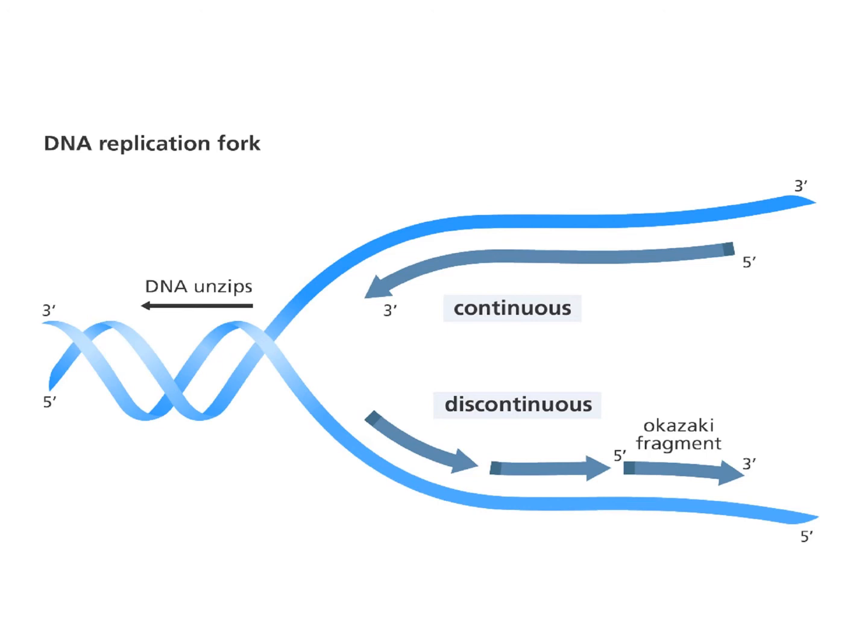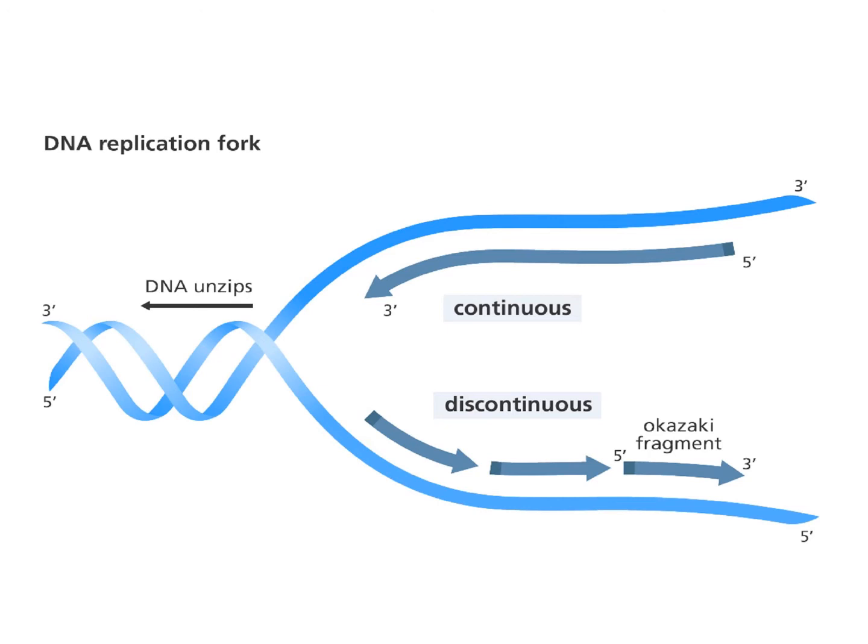So an enzyme has to come in and unzip the two strands of the DNA. So it's separating the ladder steps. And you'll notice the 3' ends and the 5' ends of each DNA backbone. The lighter blue is the parent molecule that got unzipped. You can see that.